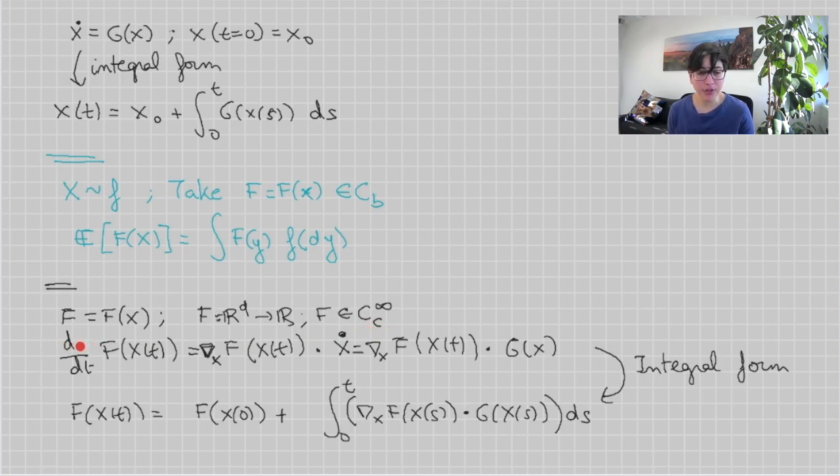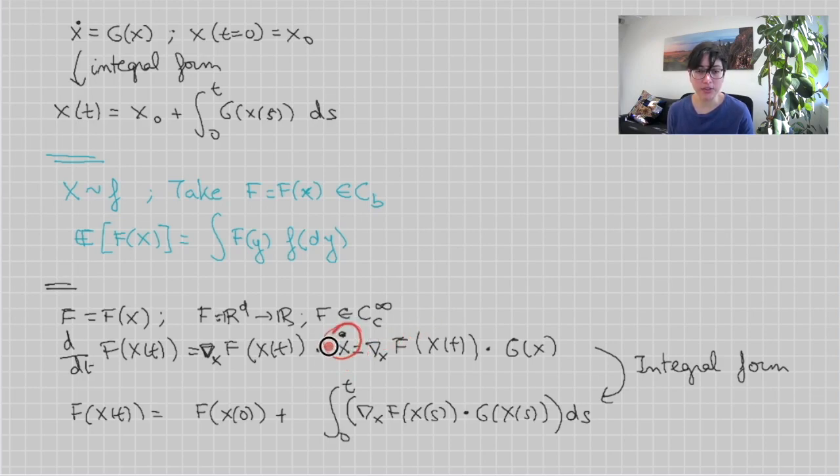And I differentiate over time this function f evaluated in the solution of my ODE, so evaluated at x of t. And what do I have? Okay, I just differentiate. I will have the gradient of f with respect to its variable x applied to x of t, inner product with x dot, the derivative in time of x.